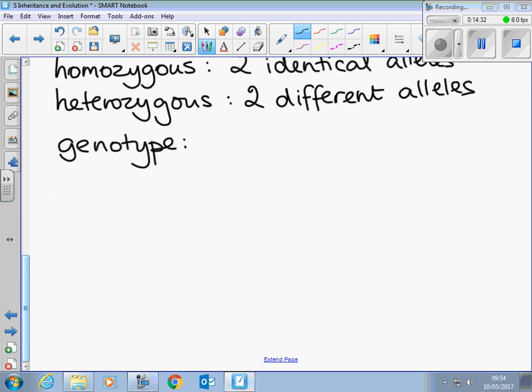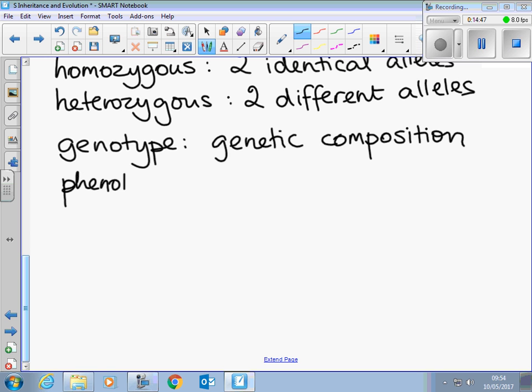Genotype then is the genetic composition of an individual in terms of a particular characteristic, possibly. And then phenotype is the physical appearance or expression, if you like.